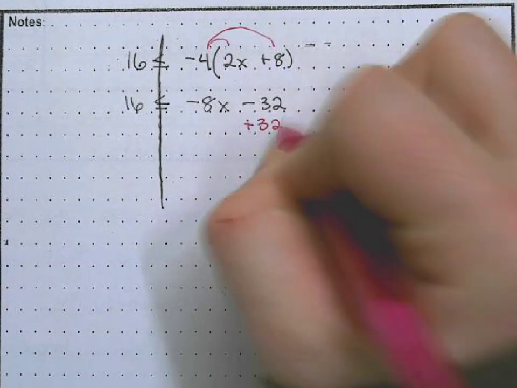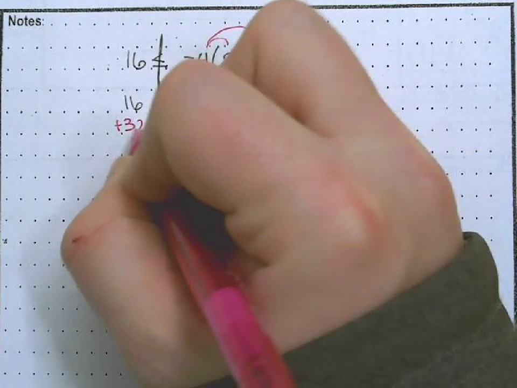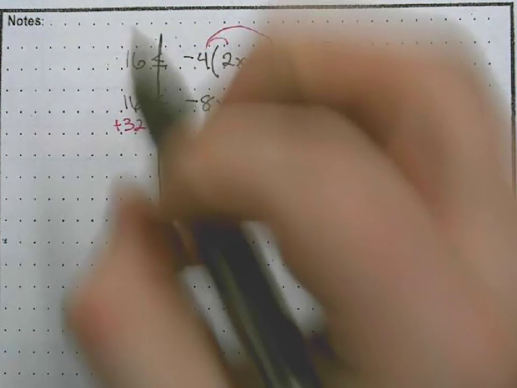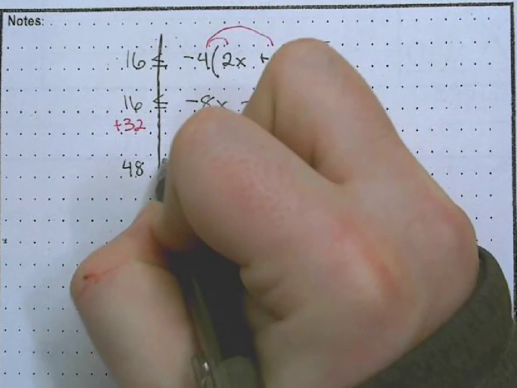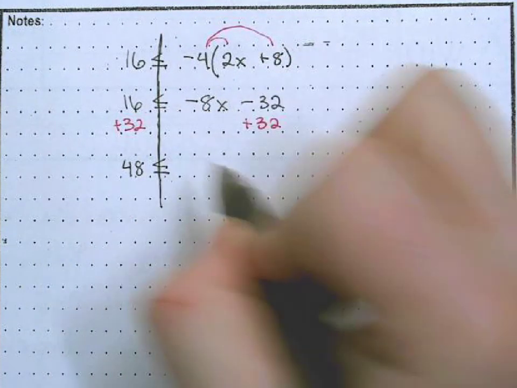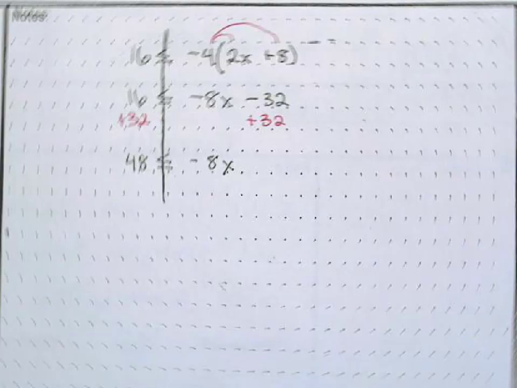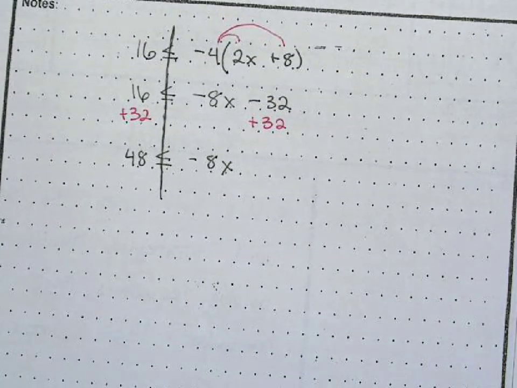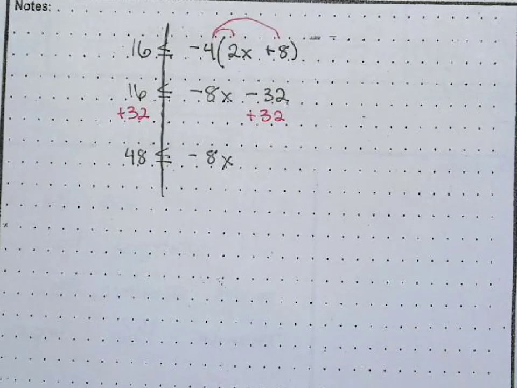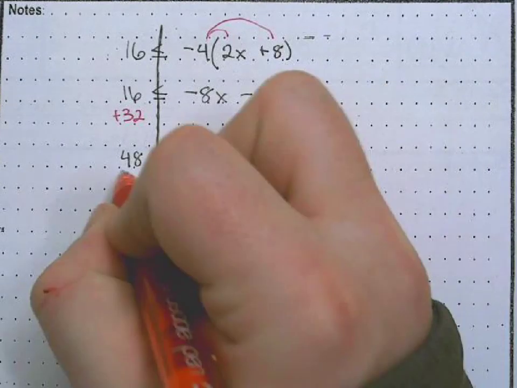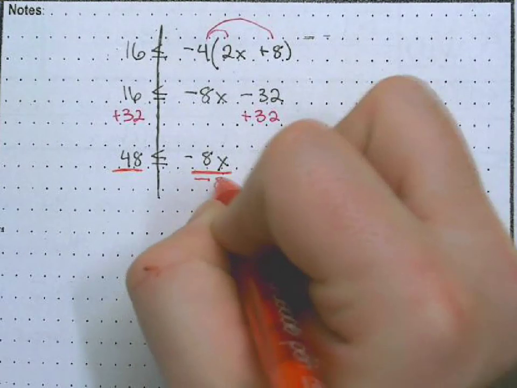Next, we'll add 32 to both sides. I'm just solving for x, trying to get x by itself. So that will give me 48 is less than or equal to, just bringing my sign down, negative 8x. So to get x by itself, what will we need to do? Well, I'll need to divide both sides by negative 8.